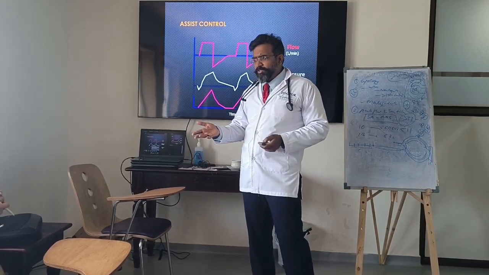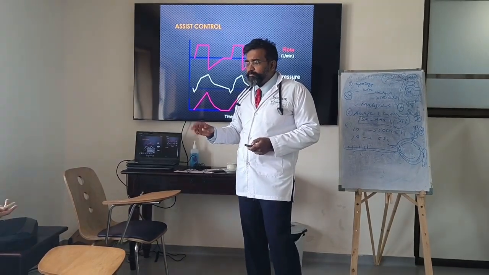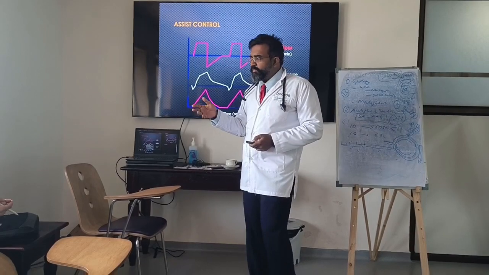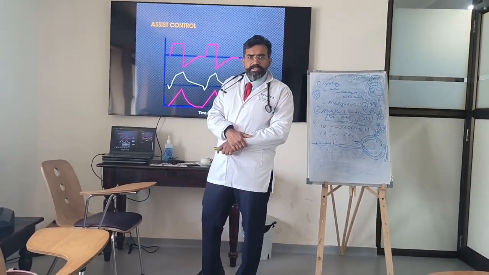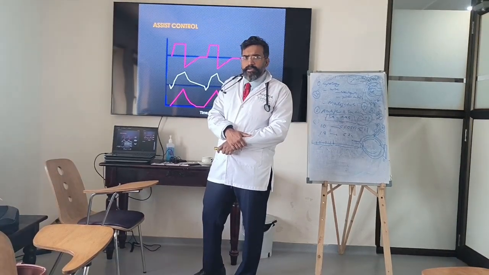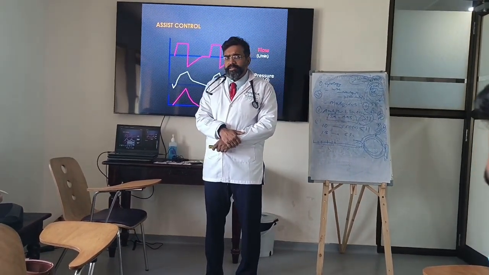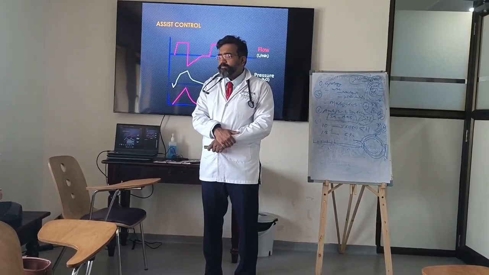It may be flow or pressure. Flow and pressure both will look like this only. Because you set it. So whatever we set, based on that, everything will be down only because it's patient initiated. That is patient trigger, limited by volume here and cycled by time. Clear on this? The cycle will always be time.